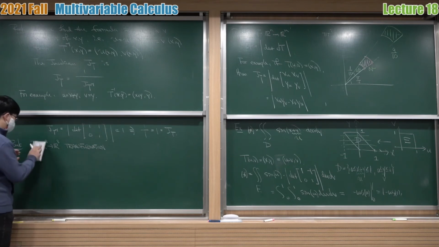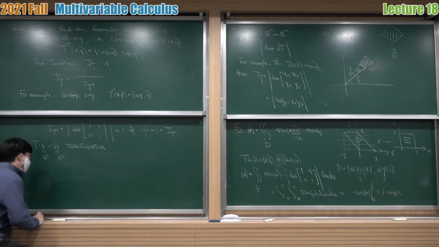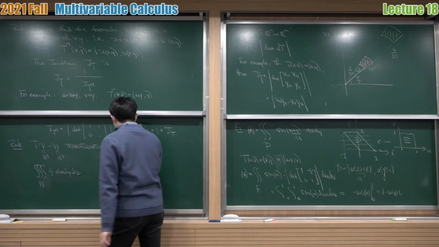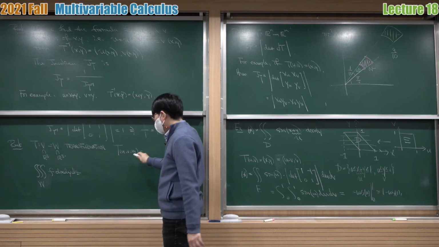Sorry, so not entire R3. Let's say V to W. Okay, so we have a triple integral of a three-variable function on the x, y, z plane. Let's say our T is sending u, v, w to x, y, z.